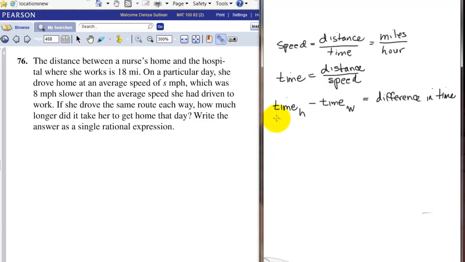Okay, so the time it took her to get home, time is distance over speed. So the time to get home was the distance, which is 18 miles, over the speed, which they tell us is s miles per hour.